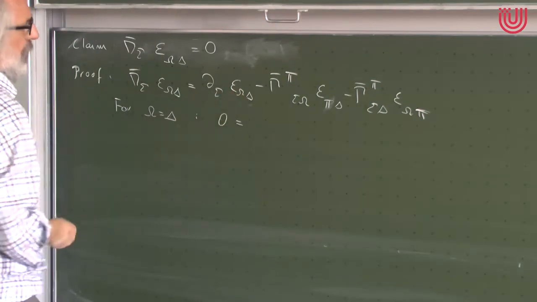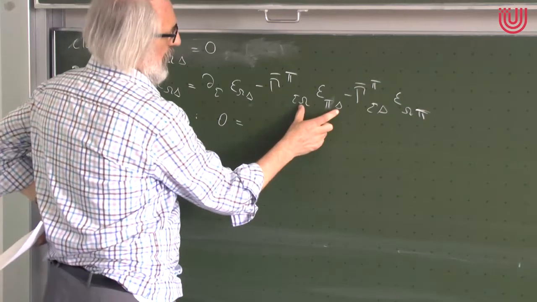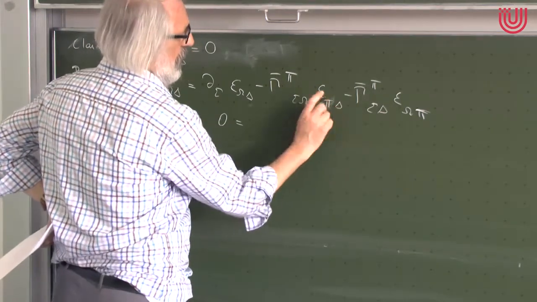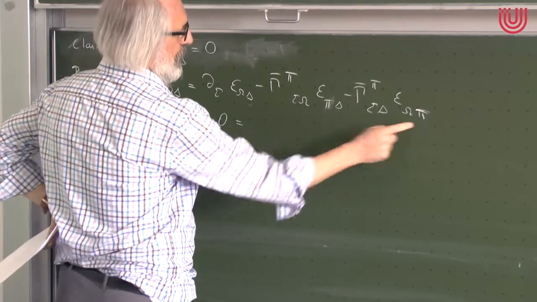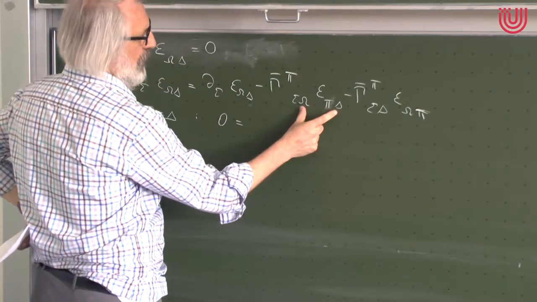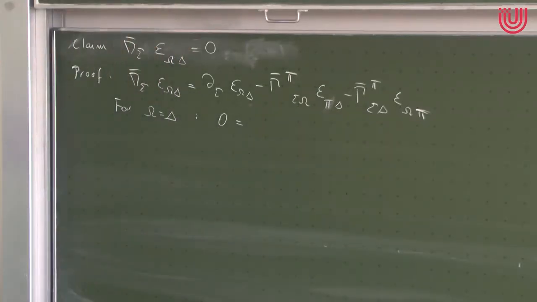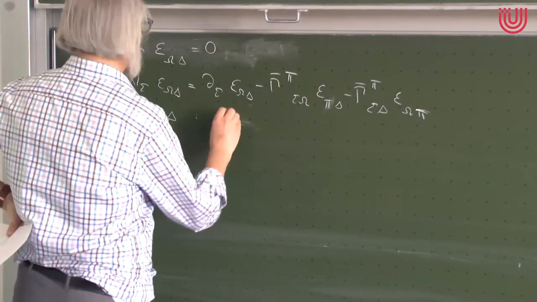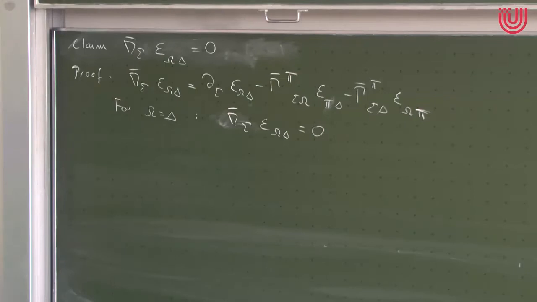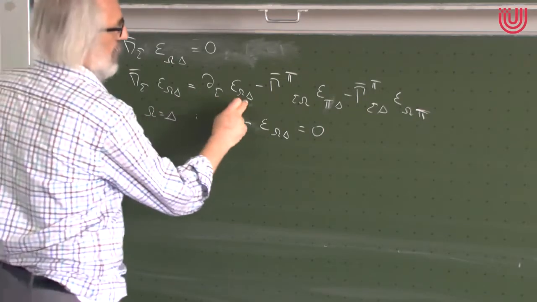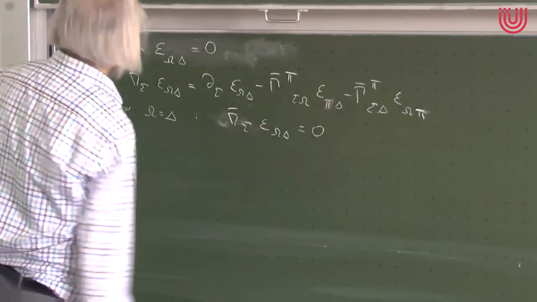So if I insert the same index for both things, then it's the same thing. And here I get the same expressions, but the indices at the epsilons are interchanged. Here the pi is the first index, here the pi is the second index, but epsilon is antisymmetric. So if omega is the same as delta, then I get a negative term and a positive term, which cancel each other. So I get that del bar sigma epsilon omega delta is 0 if the two indices are equal. This term is 0, and these two terms kill each other because they give the same thing because of the antisymmetry of the epsilon.